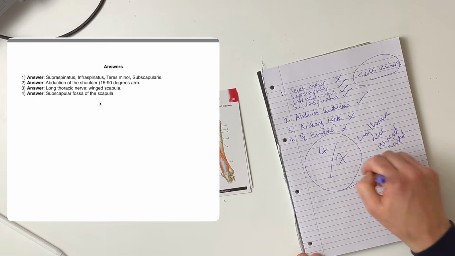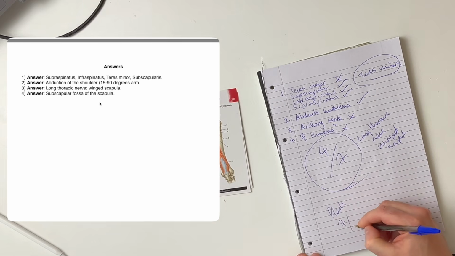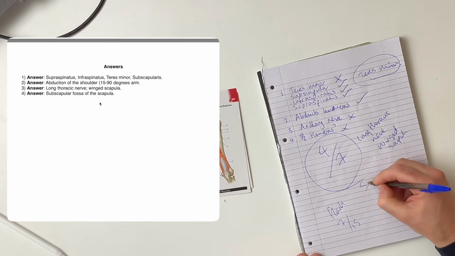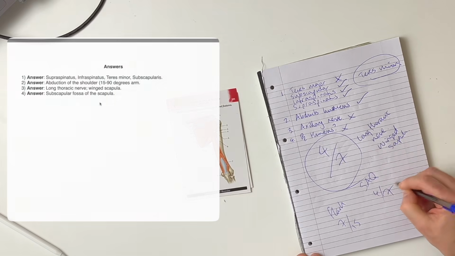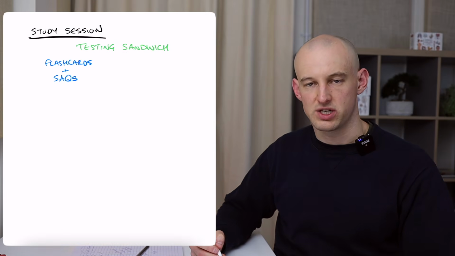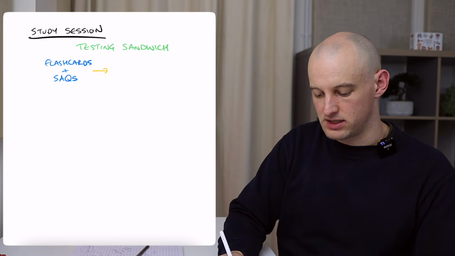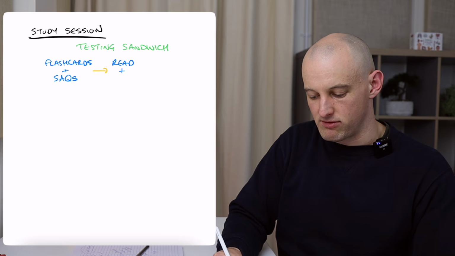So our score on the flashcards was 7 out of 15, and short answer questions was 4 out of 7. So now, in our study session, we've completed our flashcards and our short answer questions. Now we move on to the next step, which is read and recall.